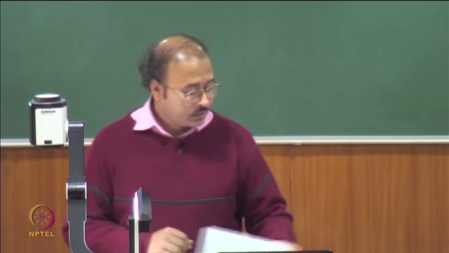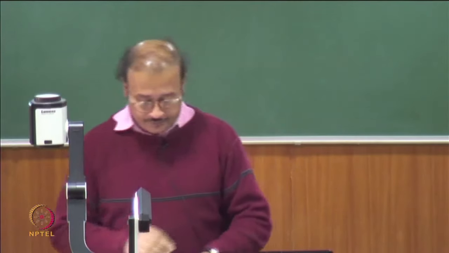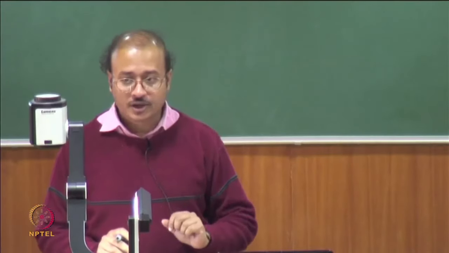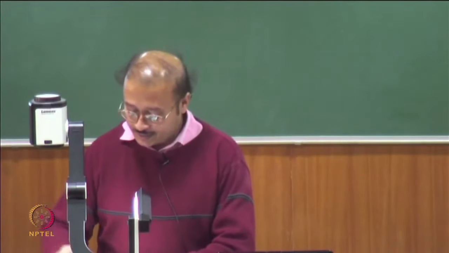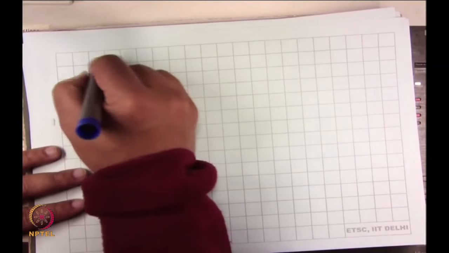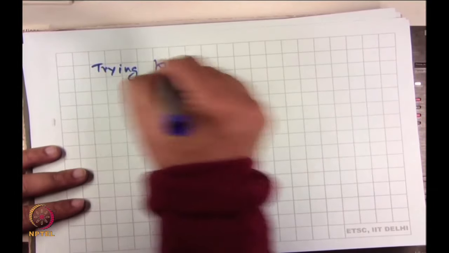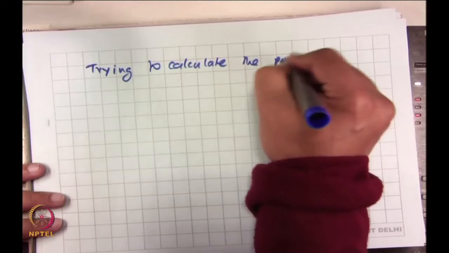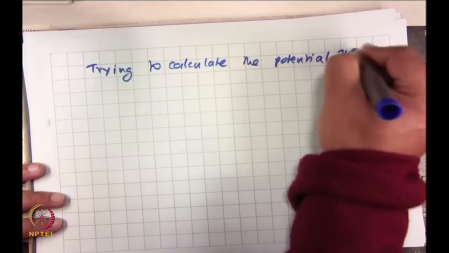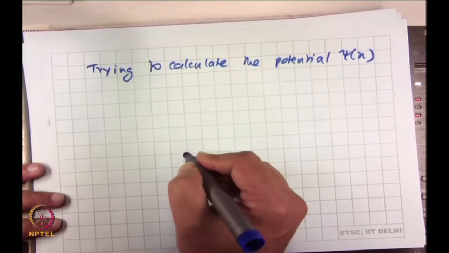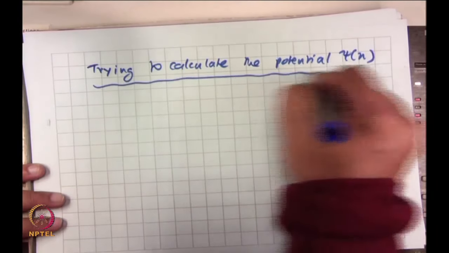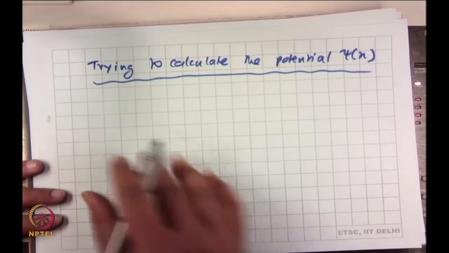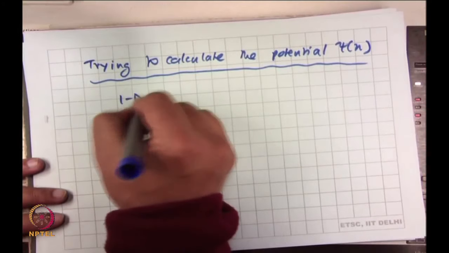Now, in the rest of the class, I do not have much time, but I will just do a quick derivation and you will see what I mean. Here I am trying to calculate the potential psi of x, right. When I am trying to calculate the potential psi of x, I am sticking to a one dimensional problem.